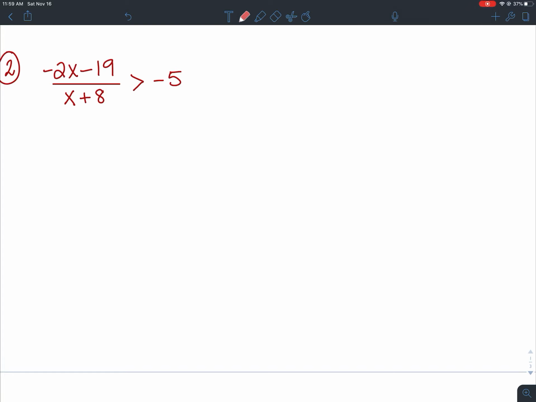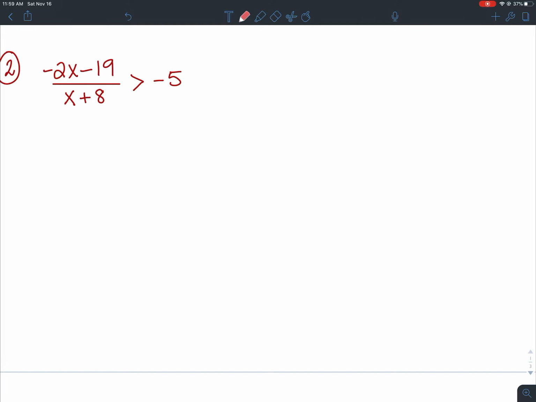Right now it looks like it could be a hole, but it's not because of that 5 over there. You really do want it to be equal to 0 when you're looking at holes, but for these problems in our class, it's not necessary. We're not going to give you a hole for this guy.